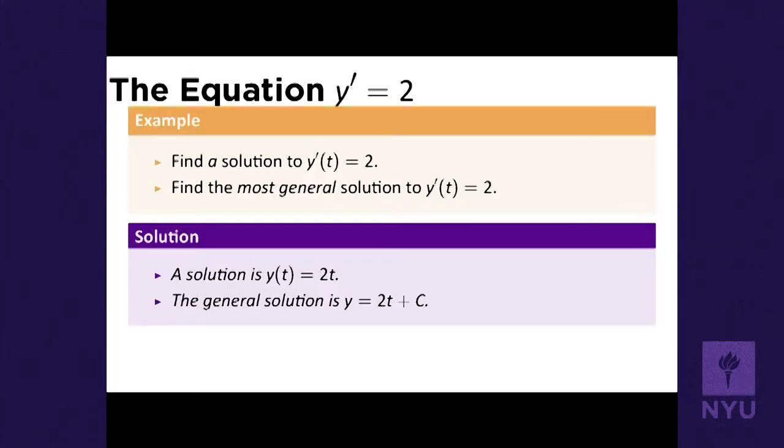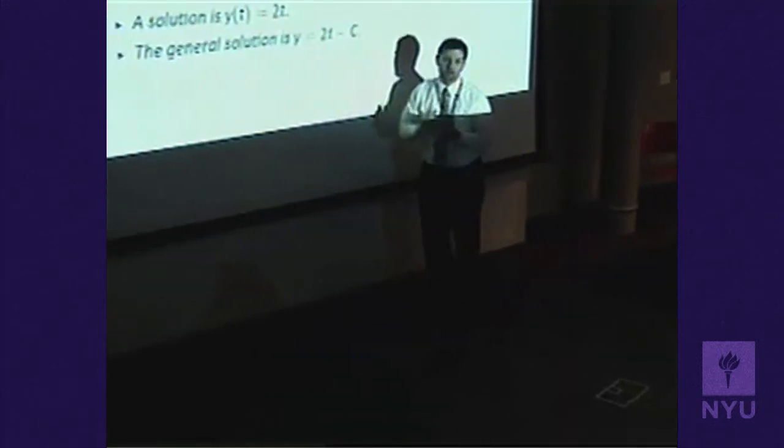Okay, anything else? 2t plus 2, maybe? 2t minus 1? 2t plus anything is a general solution to this differential equation. So what we find in the world of differential equations is that if you just have an equation, there is often some parameter that comes in. In this case, there's a constant we can add. All right? So one solution would be 2t. All of the solutions look like 2t plus constant.